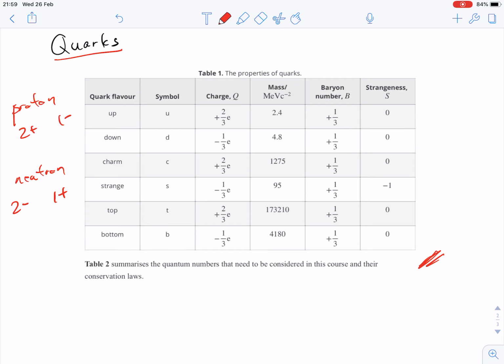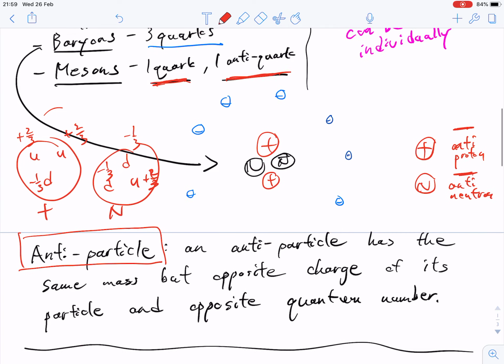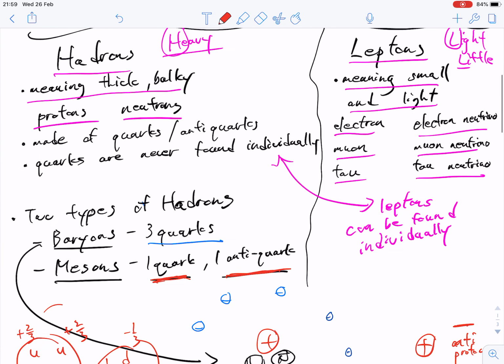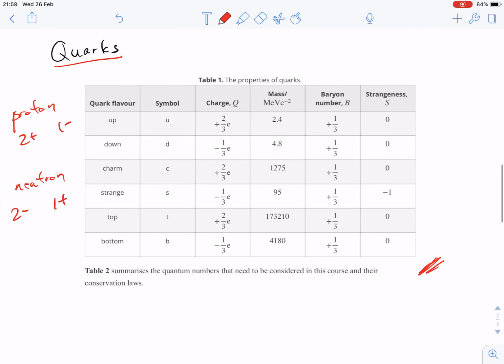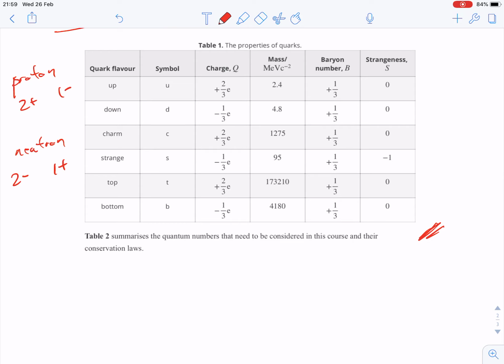We have 6 flavors of quarks, very similar to how we have 6 flavors of leptons. Here are their corresponding symbols: up, down, charm, strange, top, and bottom.